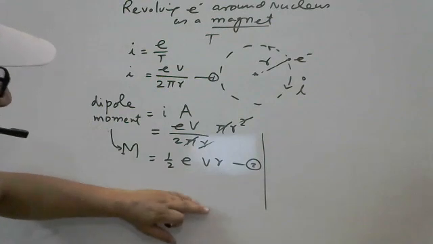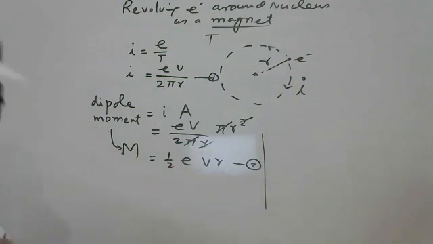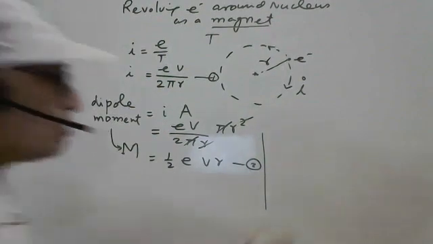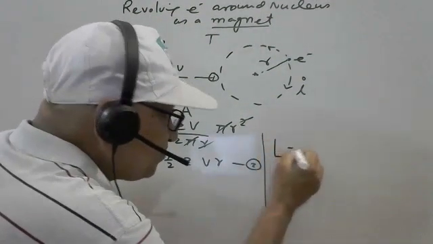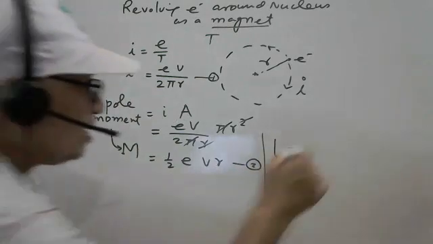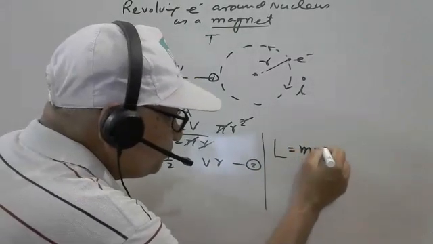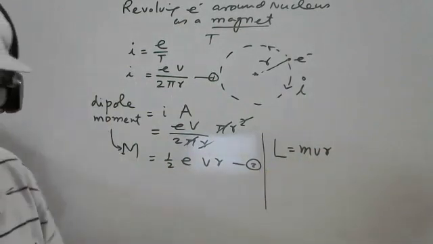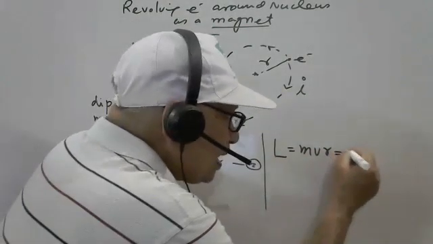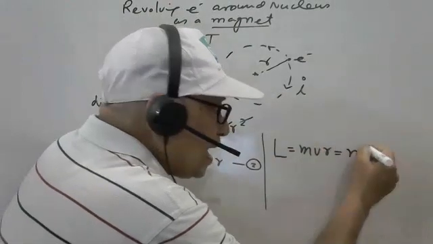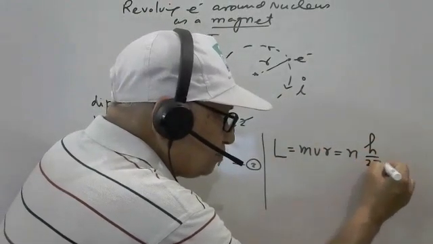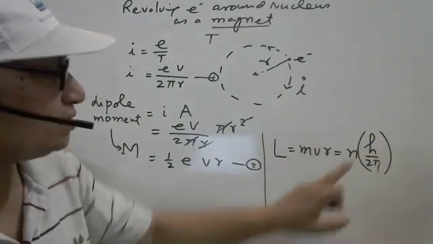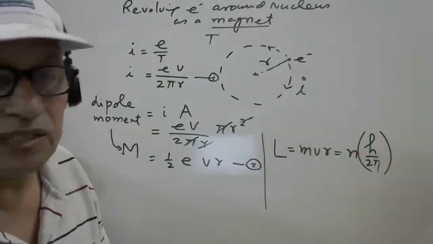As per this condition, for stable orbits, the angular momentum, which is equal to m v r, r into p, where p means m v, should be n h upon 2 pi, where h is the Planck constant and n must be an integer.